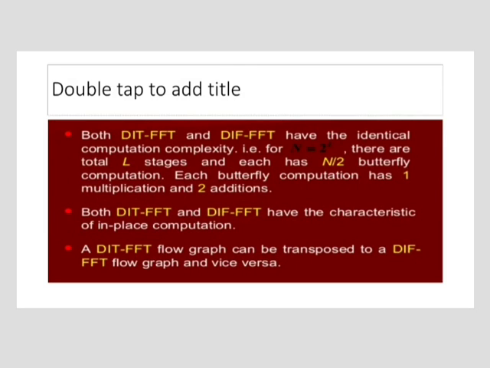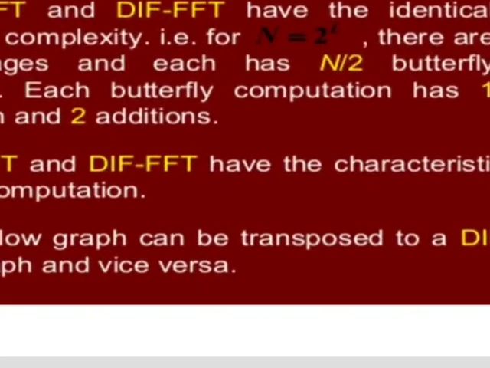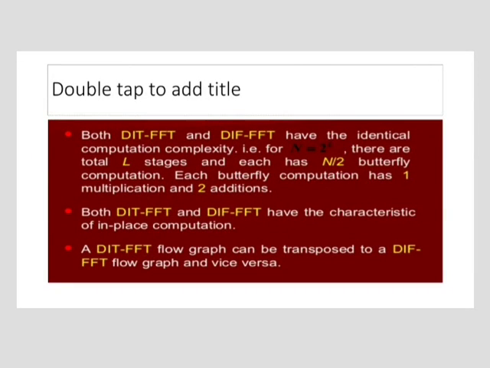Both DIT FFT, that is decimation in time fast Fourier transform, and DIF FFT, that is decimation in frequency fast Fourier transform, have identical computation complexity. That is, for N equal to 2 raised to L, there are a total of L stages and each has N by 2 butterfly computations.